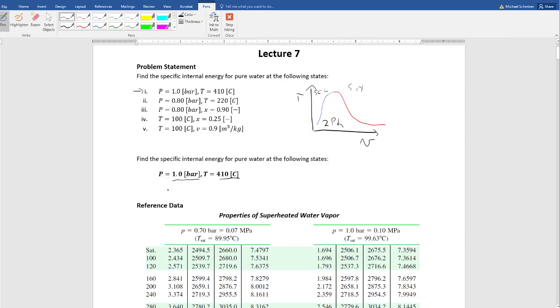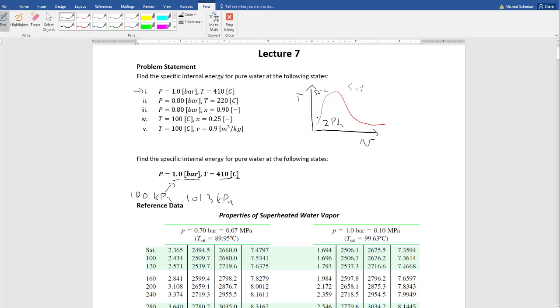Now the nice thing is that 1 bar is approximately 1 atmosphere. Remember, 1 bar is 100 kilopascals, and typically atmospheric pressure we would say is 101.3 kilopascals. So this is approximately atmospheric pressure. If I asked you what temperature water boiled at atmospheric pressure, you might know the answer in degrees Celsius.